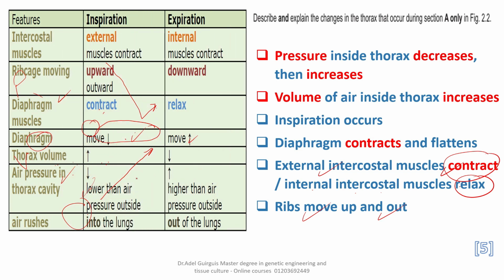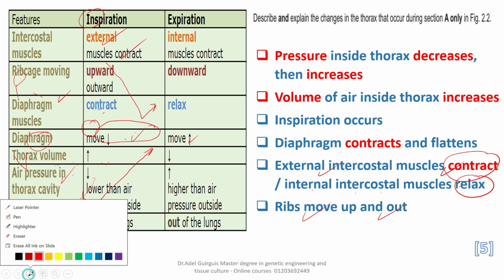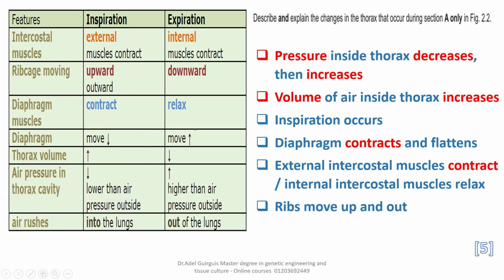What about intercostal muscles during inspiration? The external intercostal muscles contract and the rib cage moves upwards and outwards. What about the diaphragm? It contracts like the external intercostal muscles and moves down.